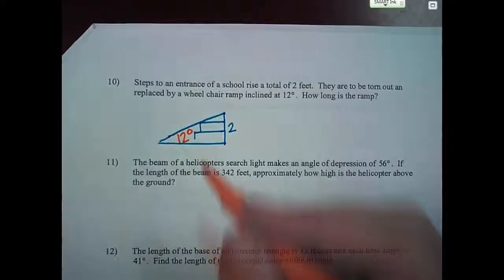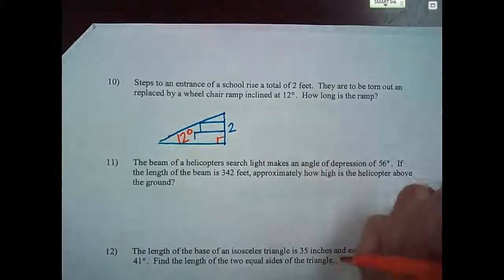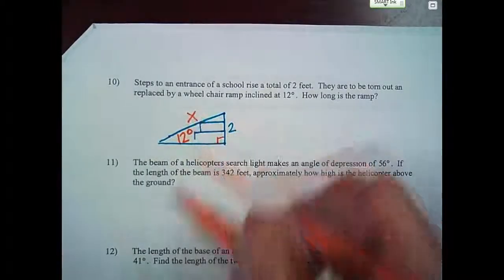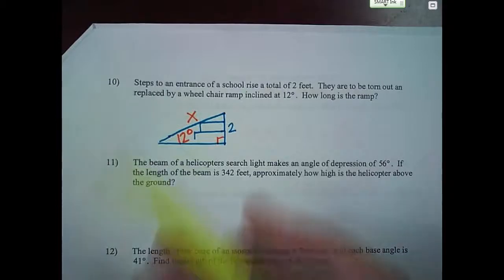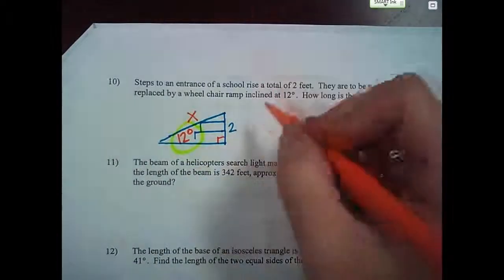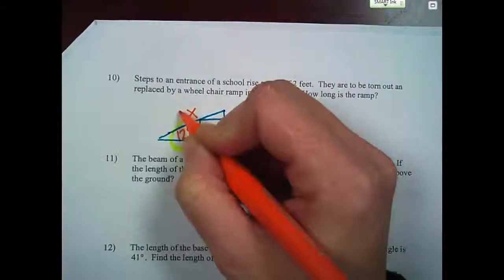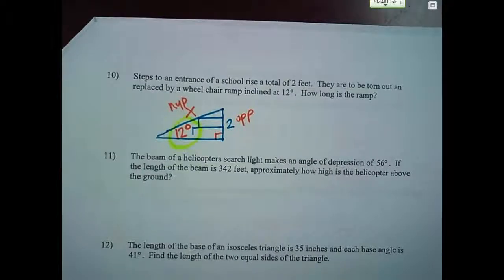What piece of this right triangle do they want? Right. They want this part. That's what I was saying. You can't always use tangent. If you're looking for the hypotenuse, you can't use tangent. So here's your angle. They gave us the opposite, and they're looking for the hypotenuse. What uses opposite and hypotenuse? Sine or cosine? Cosine is adjacent.